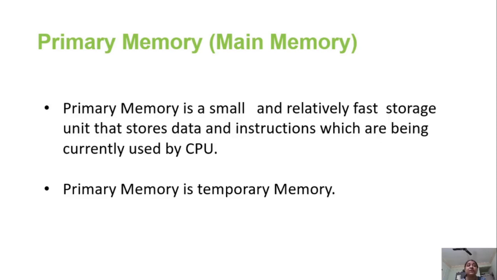For example, RAM and ROM. As we all know, whenever we work on a system, the RAM is loaded first in the system. The RAM means random access memory or read and write memory, which gets loaded in the system first.